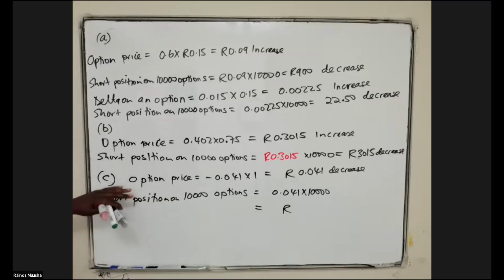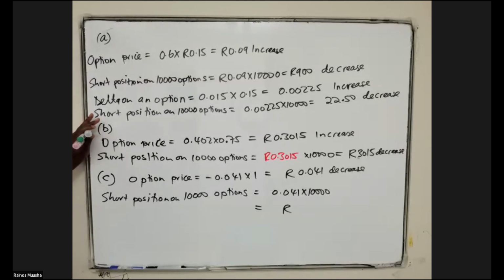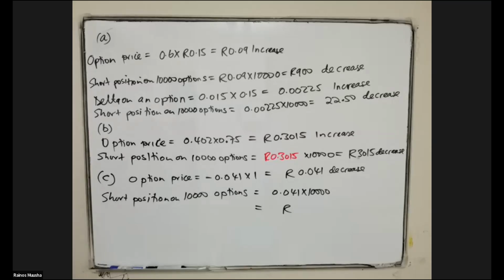No. Remember, the time to maturity is affected by the theta, isn't it? So part A and part B are separate from part C, because in part C you are looking at the effect of theta.